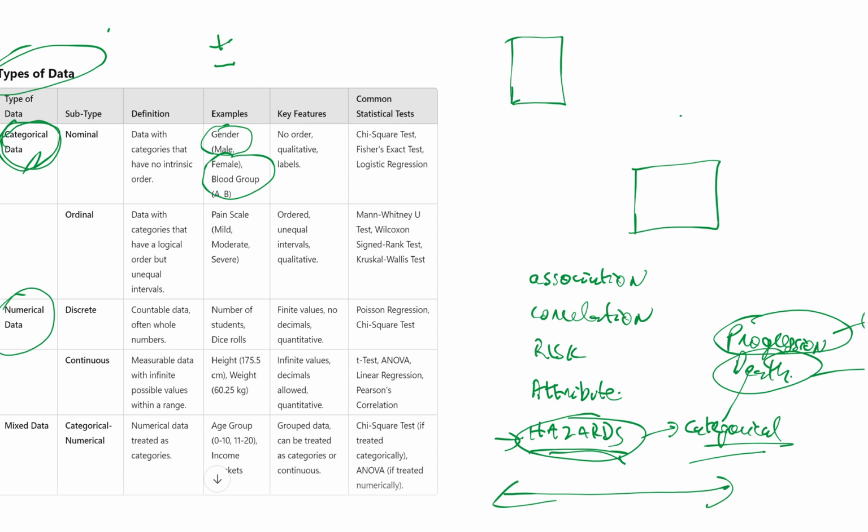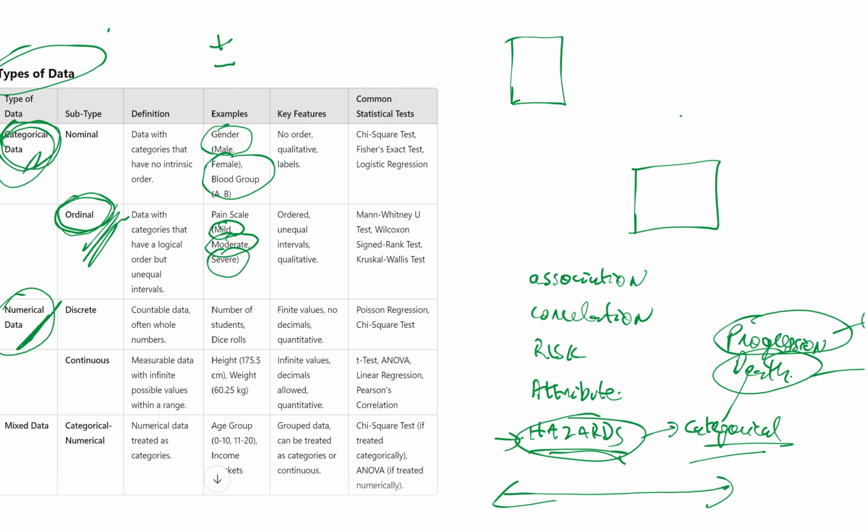If you're looking at dose as an ordinal, such as mild, moderate, and severe, which is predefined, then it still comes under categorical.